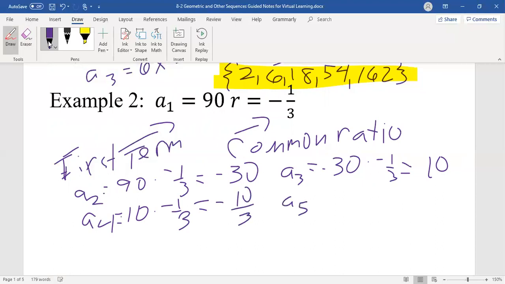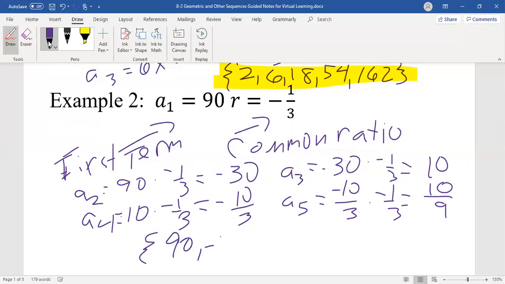And to get A5, we do -10 thirds times -1/3, and that will give me 10/9. And our sequence would be 90, -30, 10, -10 thirds, and 10 ninths.